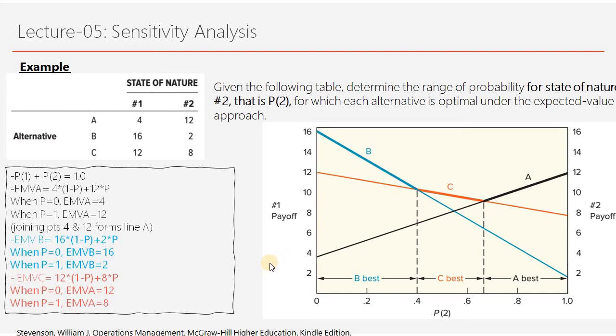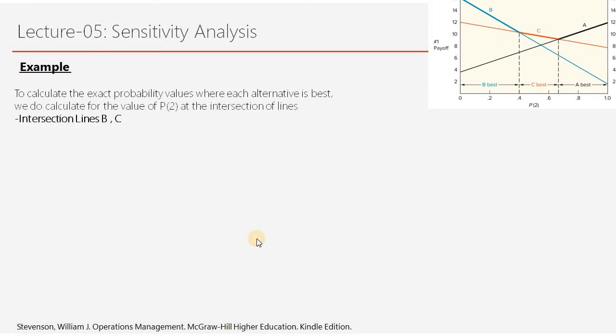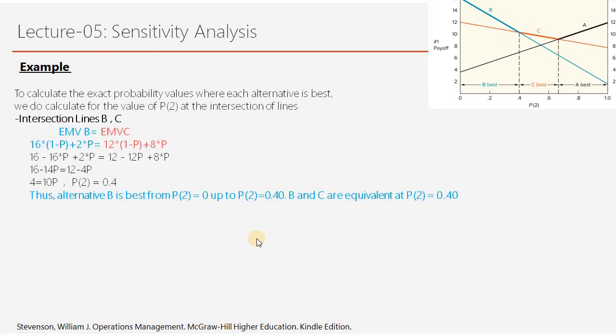Now let's see how we calculate these points of intersection. Remember that at this point, EMV of B is equal to the EMV of C. So when equating EMV of B and C, I put the equation for each one, and then we solve for P. The resultant is 4 equals 10P, then P equals 4 over 10, it is 0.4.